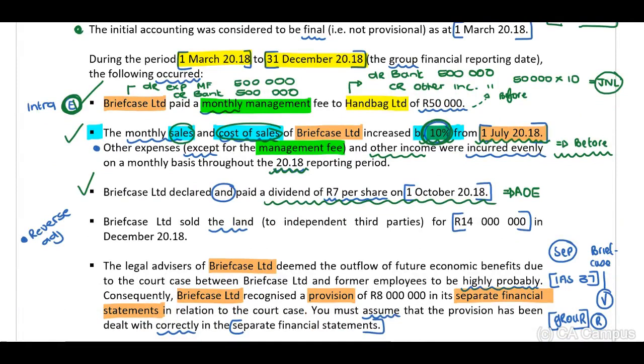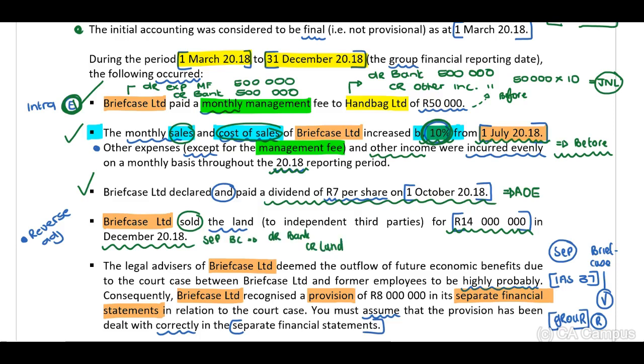Now, an important one, guys. Briefcase Limited sold the land to independent third parties for 14 million in December 2018. Now, Briefcase Limited. Therefore, in the separate records of Briefcase, we will have to debit bank, credit land, and take this out.